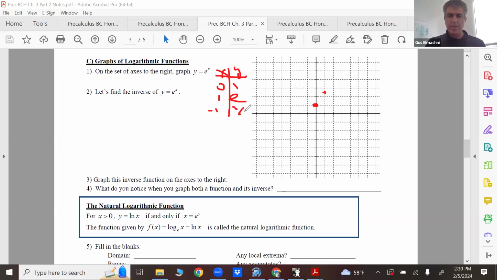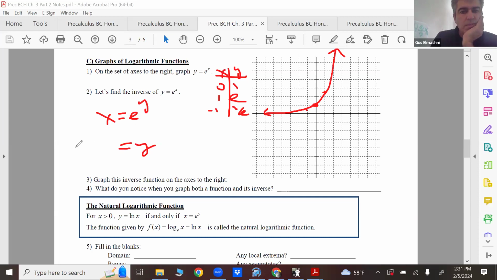Plug in -1, I get 1 over e. And then the inverse should be easy. x equals e to the y power. So what would y equal after I do an inverse? Good. And remember, when we do the inverse, you have to switch the columns.